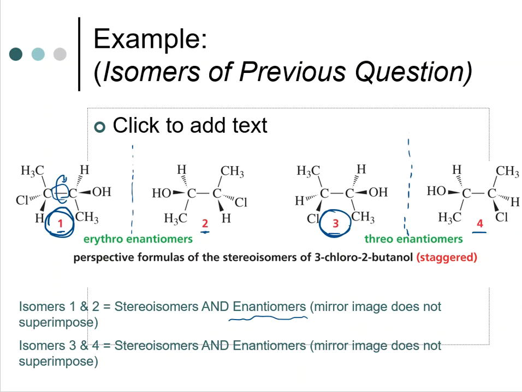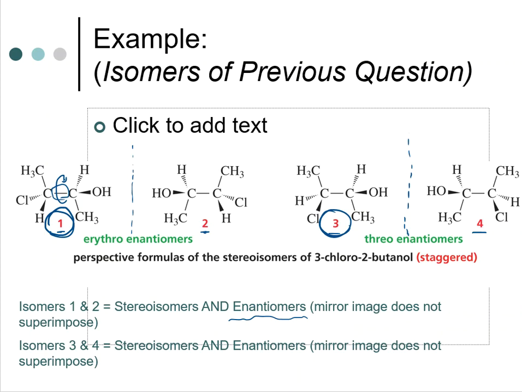Same kind of structure. They're just a little different, right? If I look at the difference between 1 and number 3, are they mirror images? The answer is no. They're not mirror images here. H, OH, CH3 are all on the same side. CH3, Cl, H, they're all over here on the same side. So we did not flip them. Okay, well, if we didn't flip them, then what is the difference? Look at the orientation.